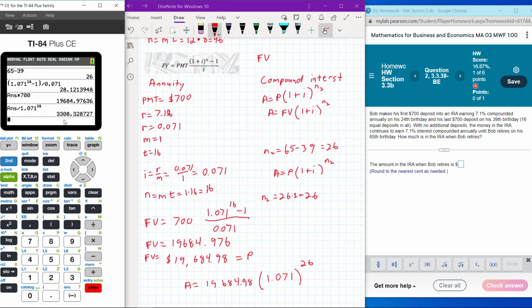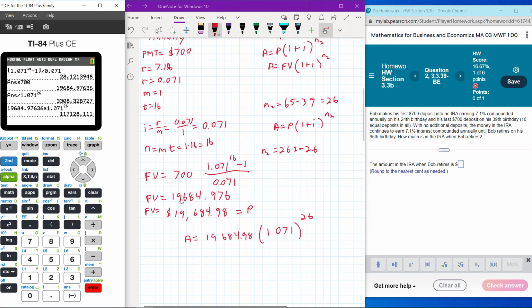well, now what I'm going to need to do is just come over here, highlight that number, hit enter. Now, times 1.071 to the 26, and now hit enter. And I got $117,128.11.